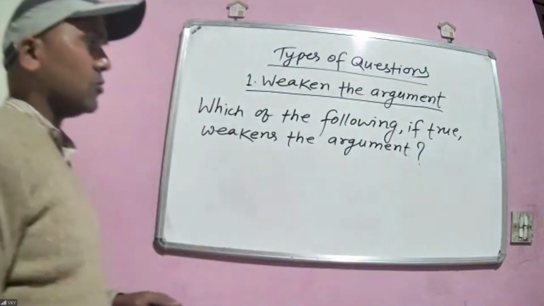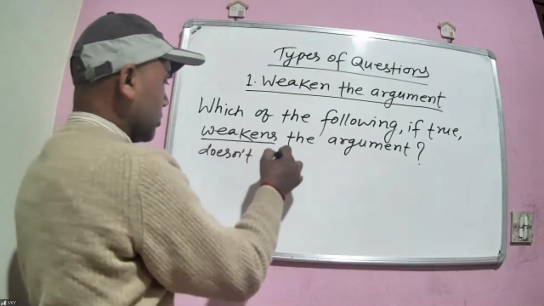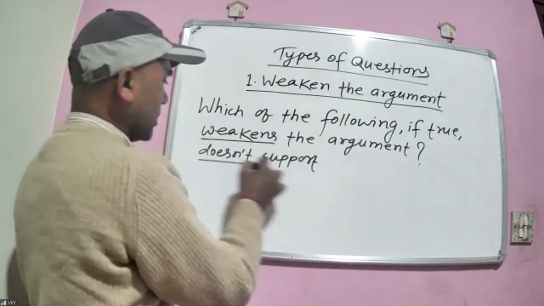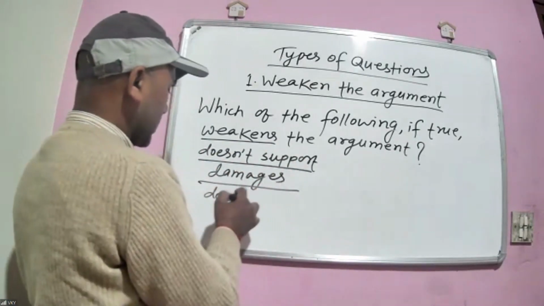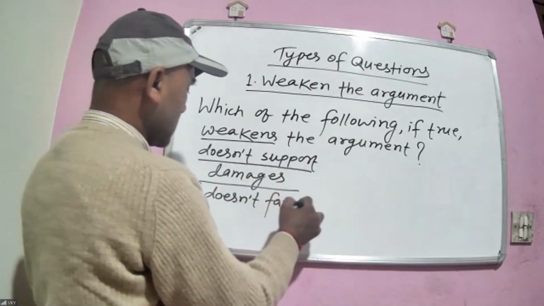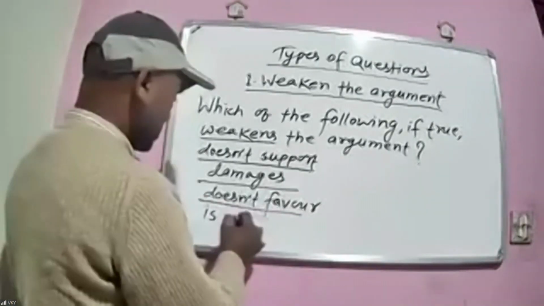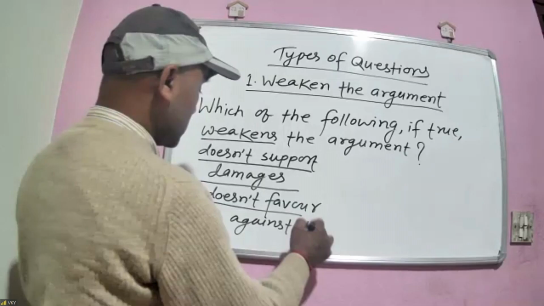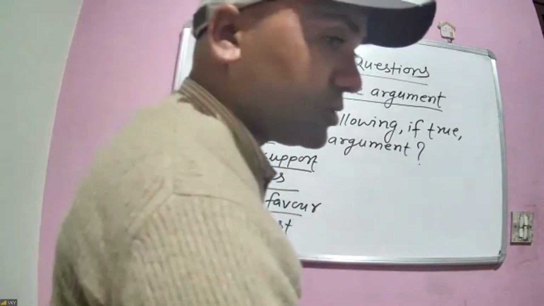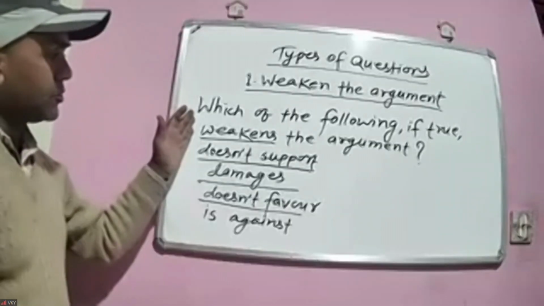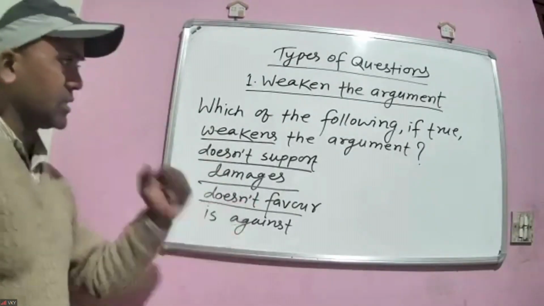Or doesn't support the argument, or damages the argument, or doesn't favor the argument, or is against the argument. So your question will be like this.